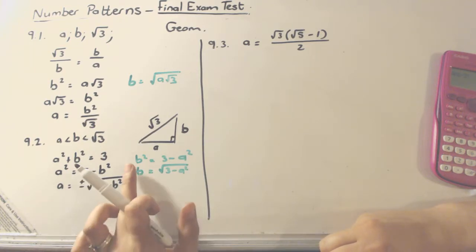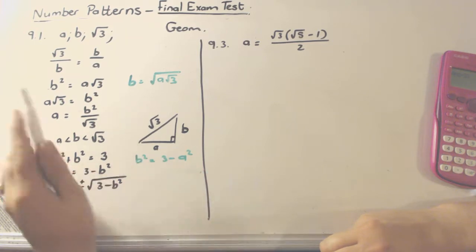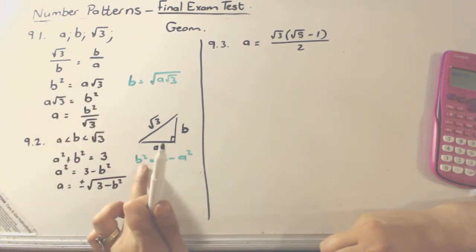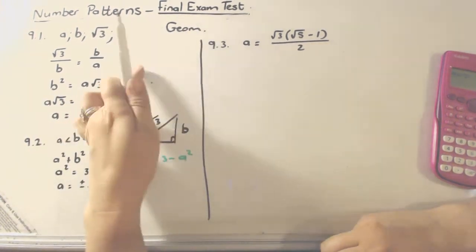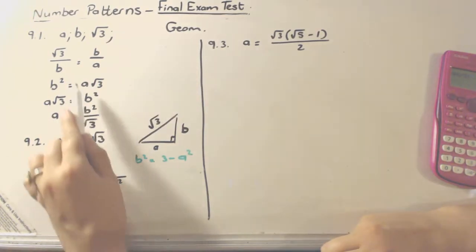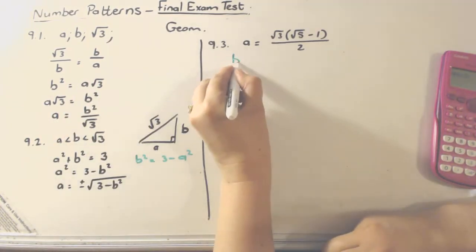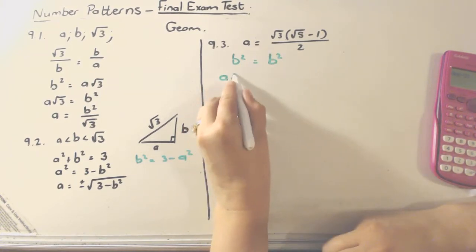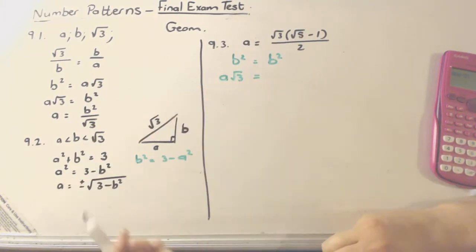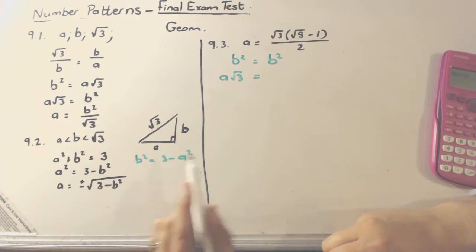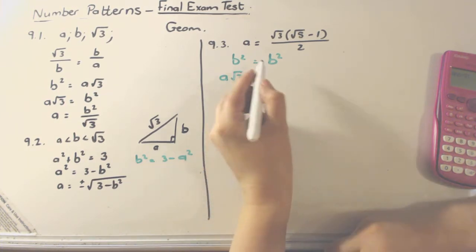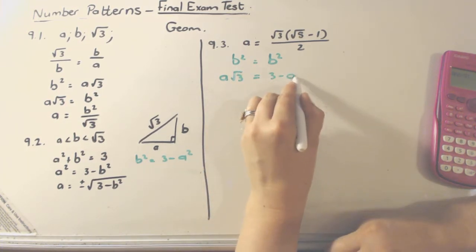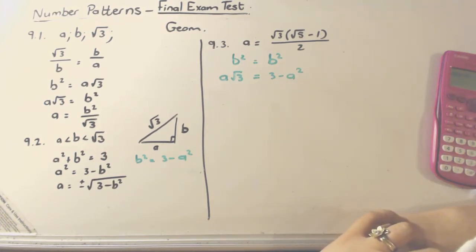I can leave it as b squared equal to that, and b squared is equal to this. So if I put b squared equal to b squared, then I get a root 3 is equal to 3 minus a squared.